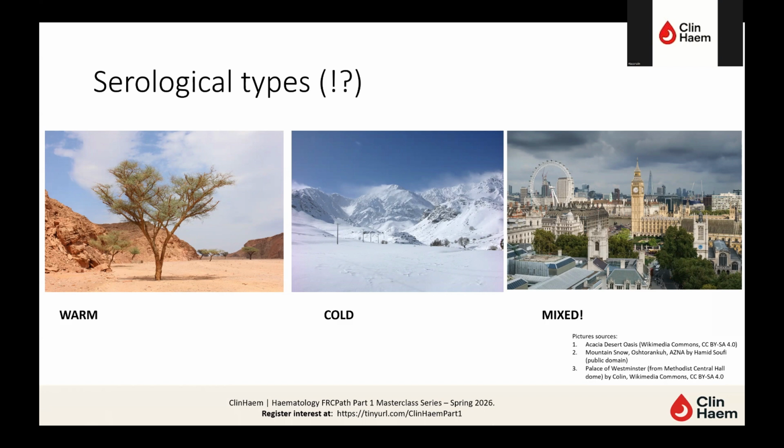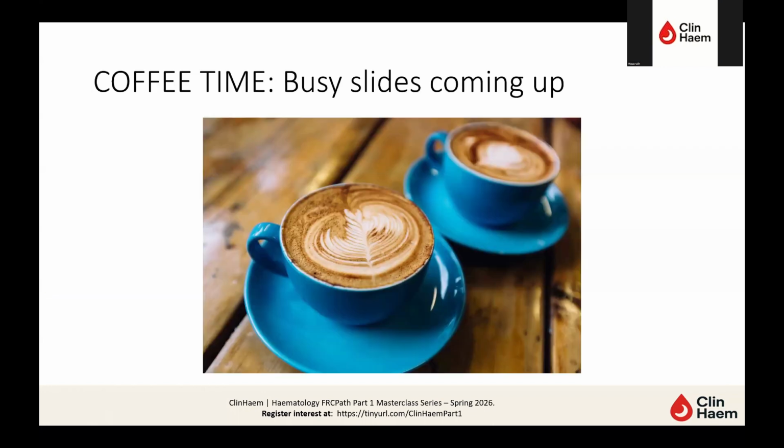Things are not quite straightforward many of the times, and this is the same here. We will try to simplify that step by step, or at least in a way that when you go through the guideline, you know what they're talking about. Guidelines are written brilliantly, but they don't spell out some things which are probably important to know. So some busy slides coming up now.